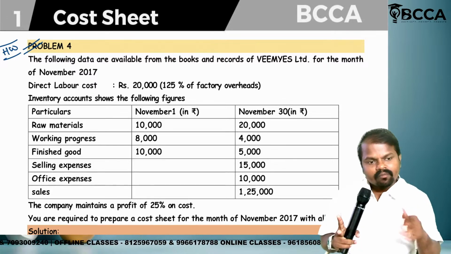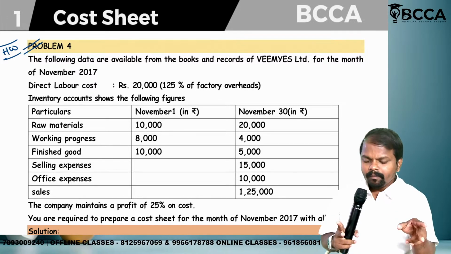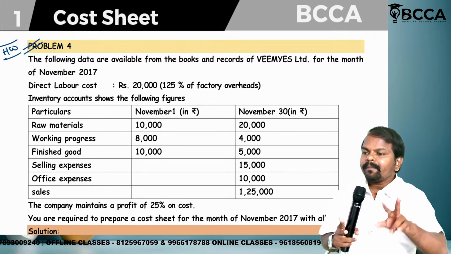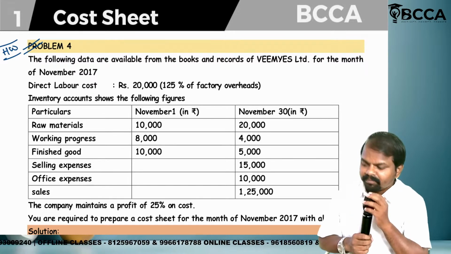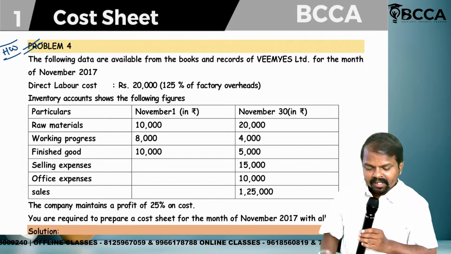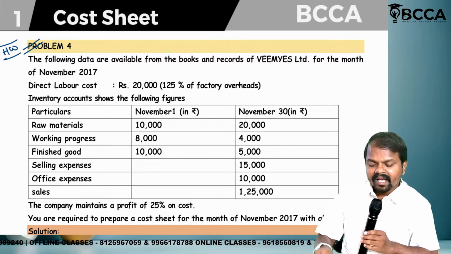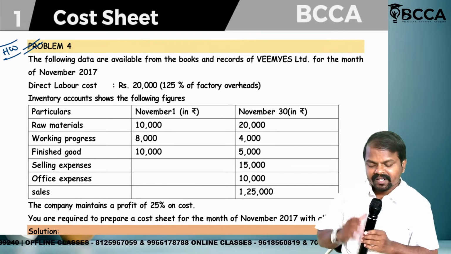Factory cost is there, we don't know how much. Into 125%, if I applied, I got 20,000. Next, inventory account shown the following figures.